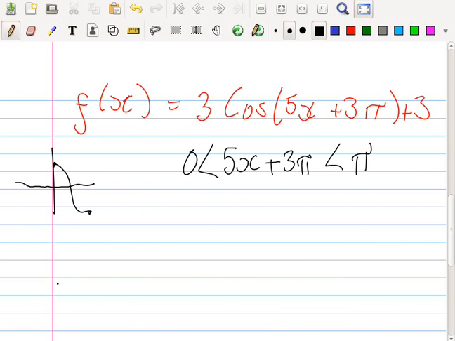Can you picture sine? What would you want for sine? Come on. Wakey time. What would you want for sine?